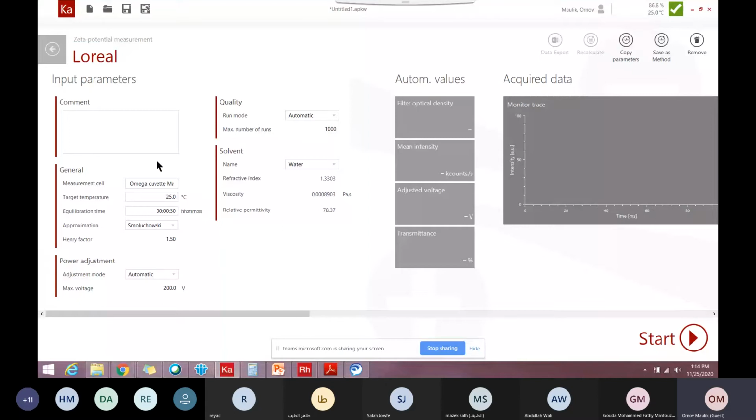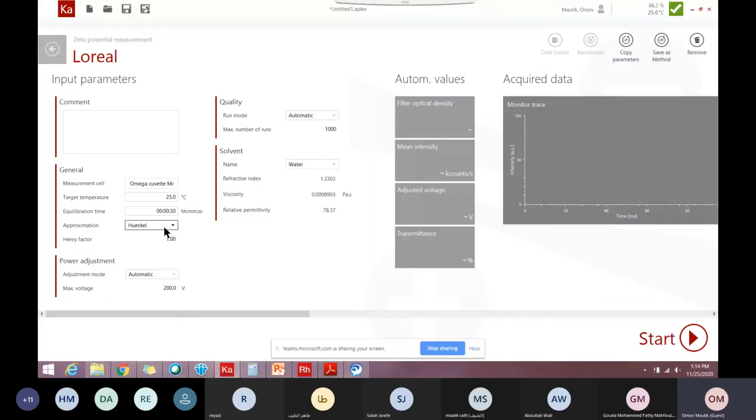Right now we are using the Omega cuvette, and since this is water based, we can use the approximation. Either you can use Huckel or Smoluchowski. This is water based, so we need to use Smoluchowski, and in case of any particular non-polar solvents, you can always go ahead with the Huckel.